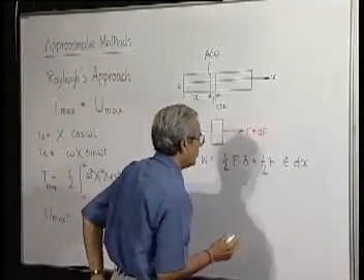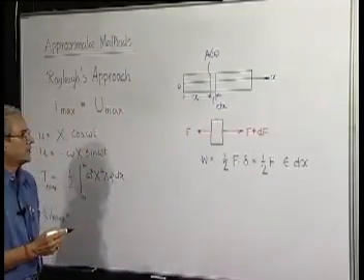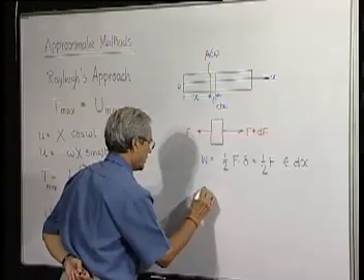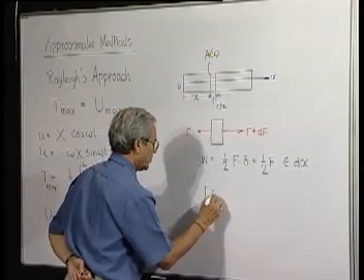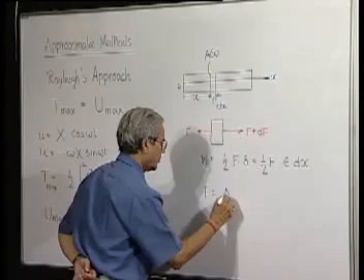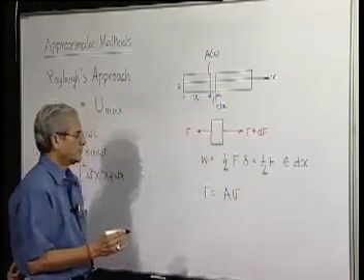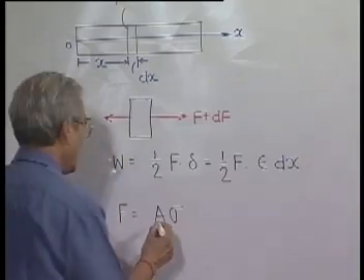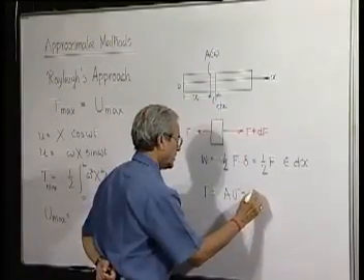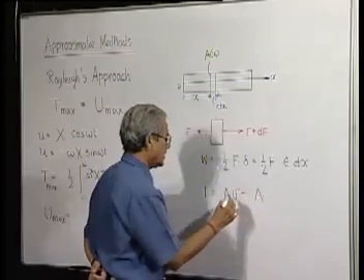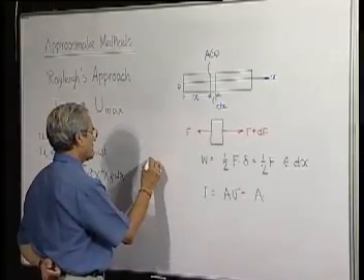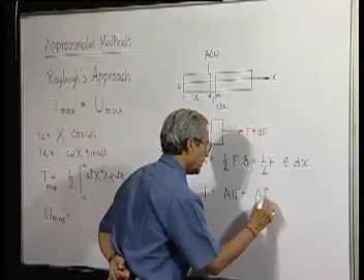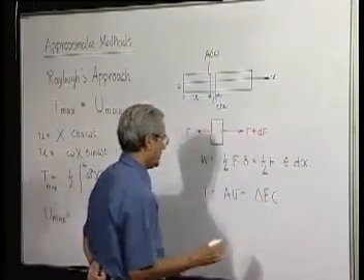So again we know that F is equal to A into sigma, where sigma is the stress, into area. We know that stress by strain is equal to E, so stress is equal to E into strain.